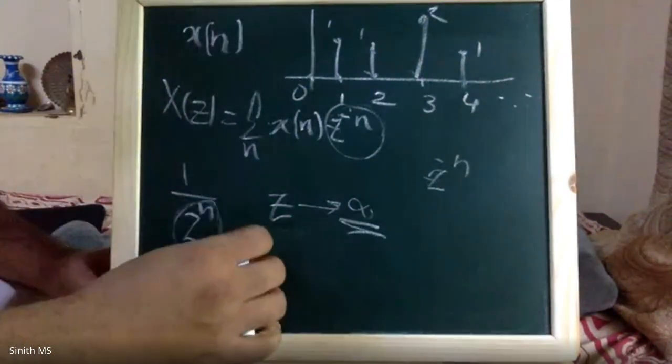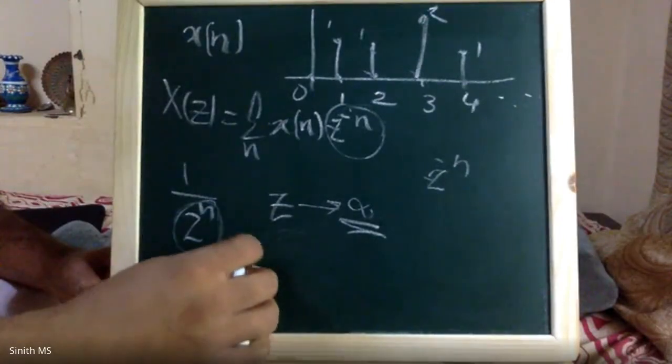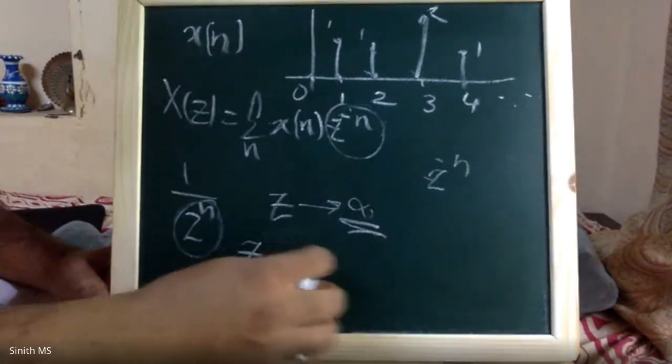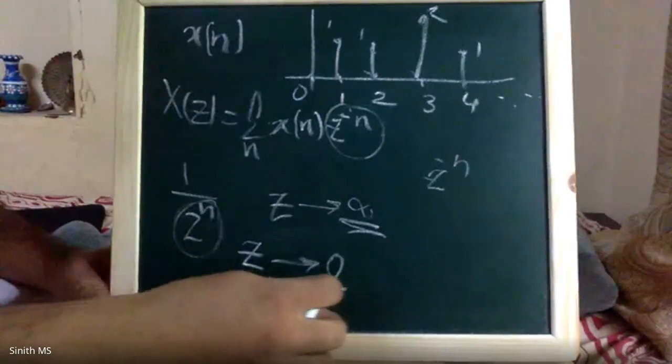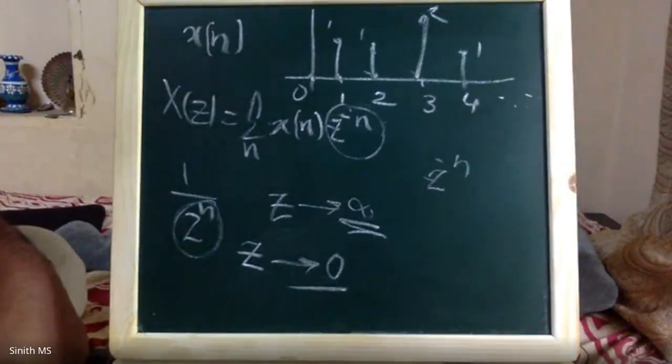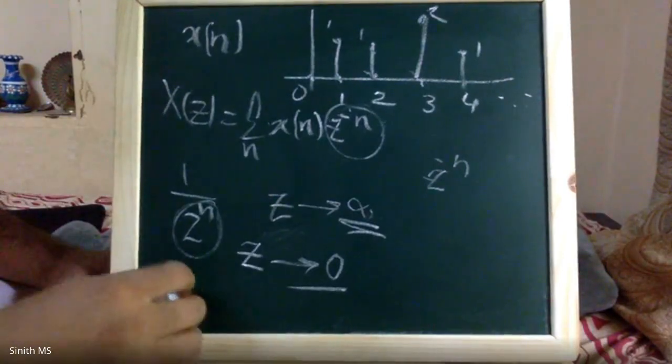Now in this case, what happens when z tends to 0? z tends to a very small value. What happens to z raised to minus n?